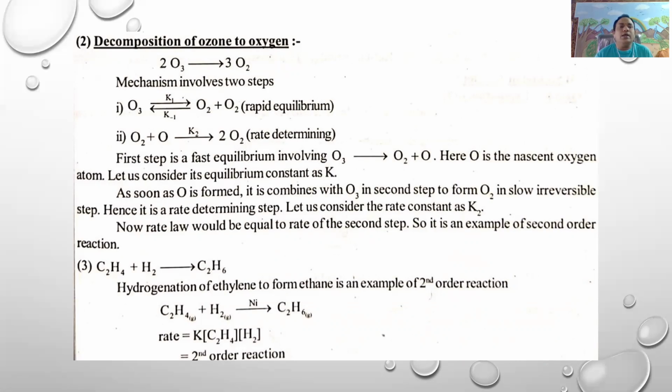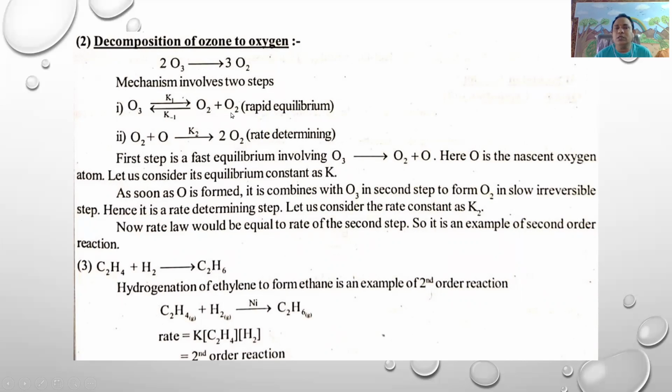Next, the second example is the decomposition of ozone into oxygen molecules. That is, 2O3 gives rise to 3O2. The mechanism involves two steps. The first step is O3 decomposing to give O2 plus nascent oxygen.